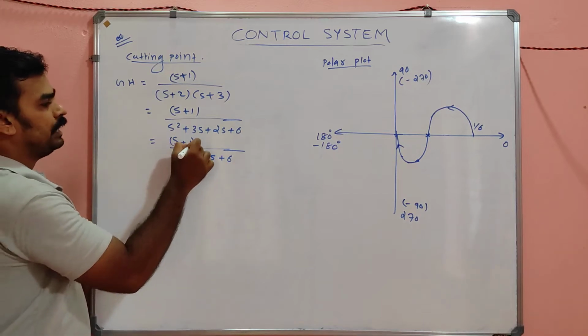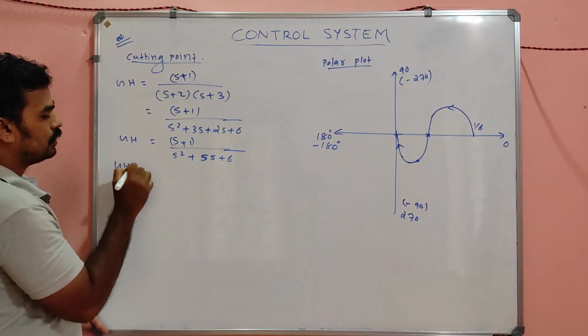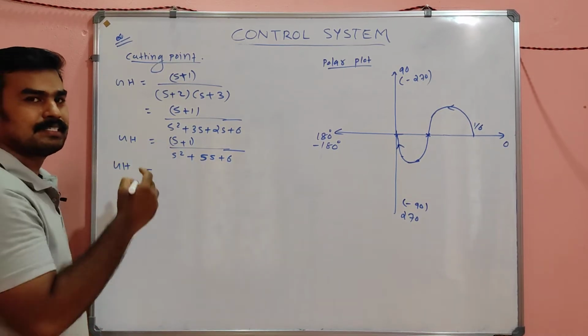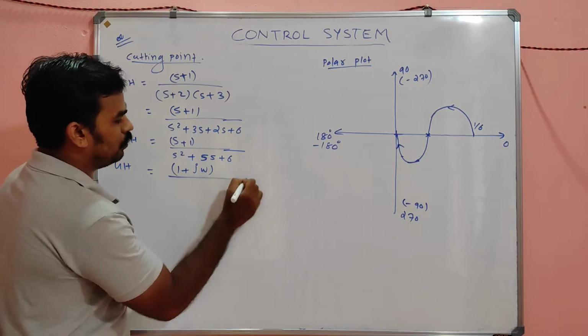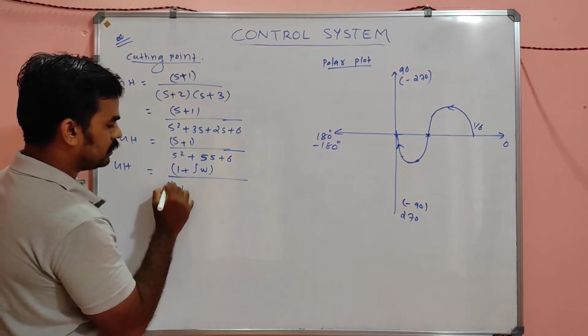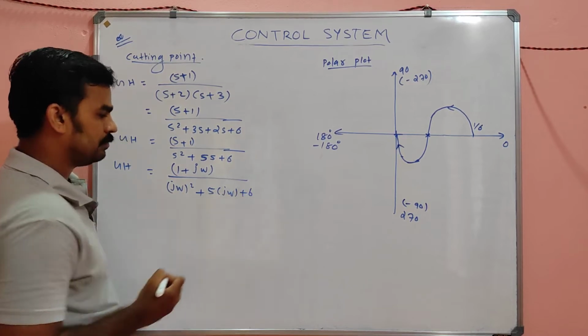So what I obtain, my dear, GH, put s equal to j omega, okay? 1 plus j omega whole divided by j omega square plus 5 into j omega plus 6.